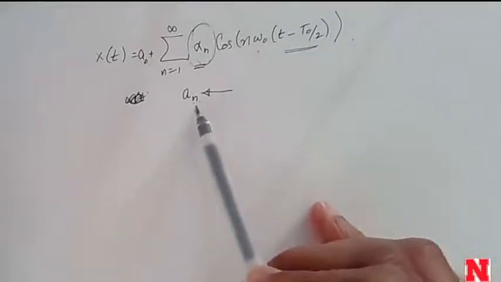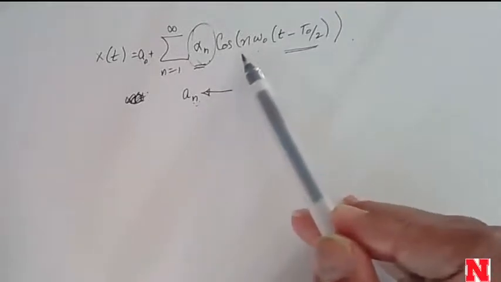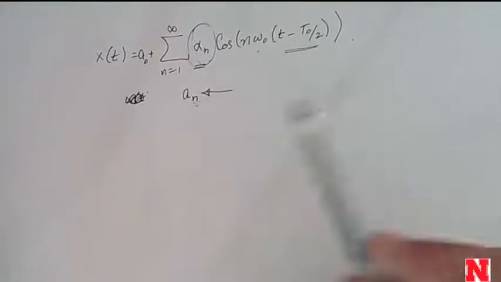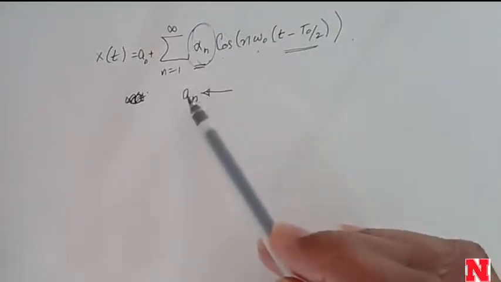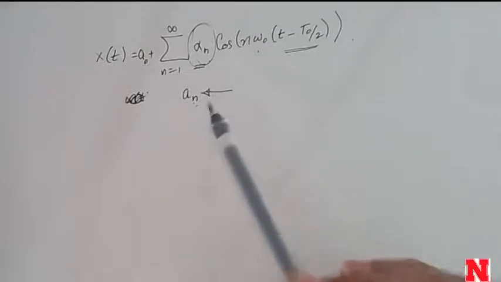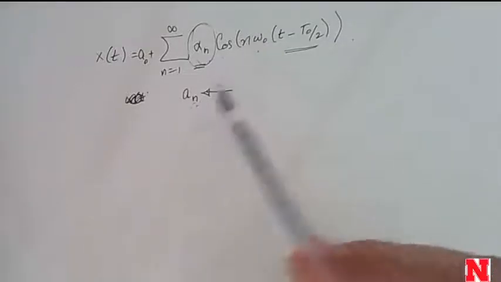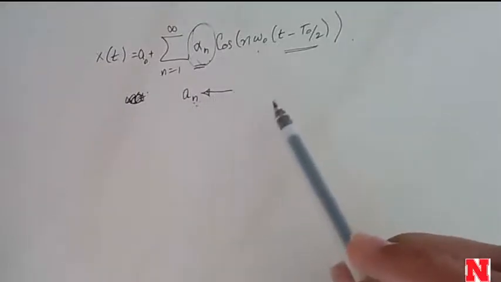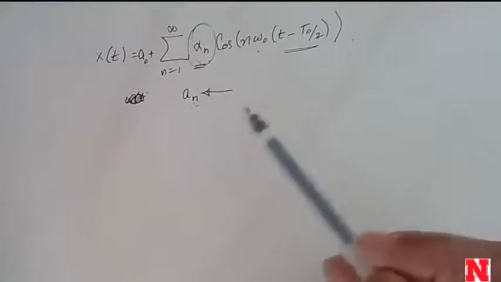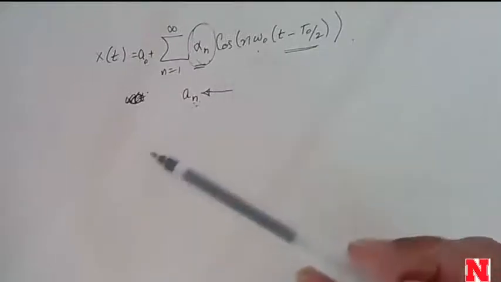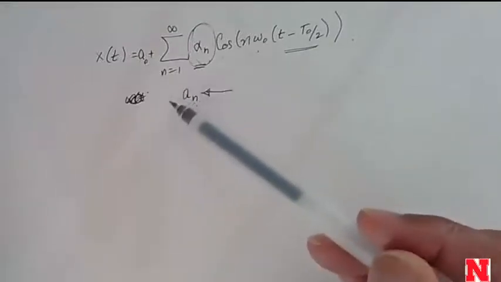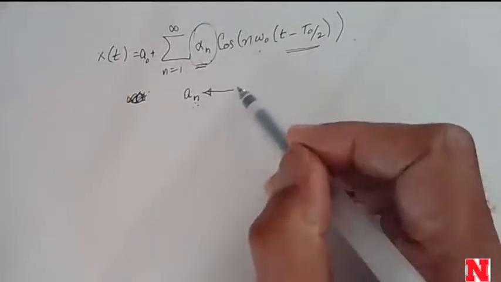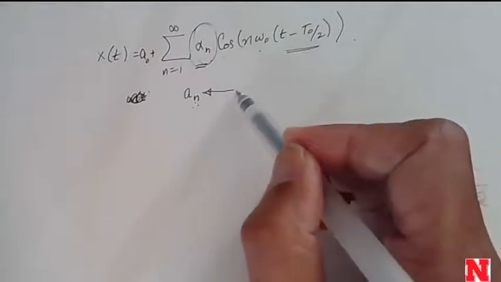When we talk about a2, that's the frequency component at 2 omega naught. When we talk about a3, that's the frequency component at 3 omega naught. These aren't just numbers. They are frequency components of the signal. And we went through that Matlab code where we actually generated each of the frequency components and then added them back together in order to reconstruct the square wave. Okay, so that's the very first thing, and that's the most important thing, because I'm going to keep harassing you about this.